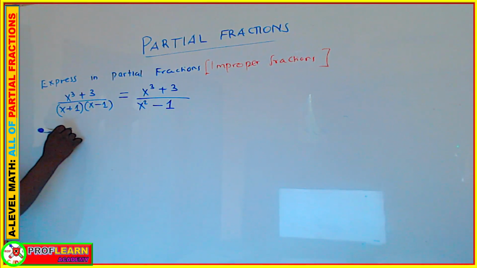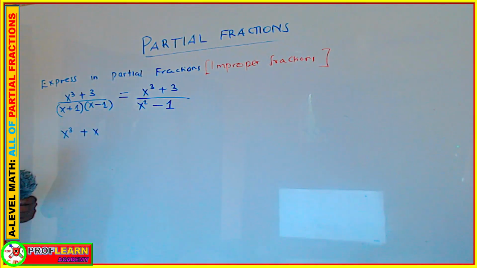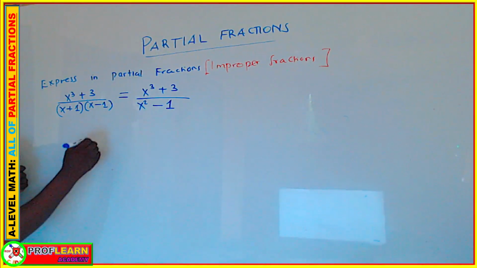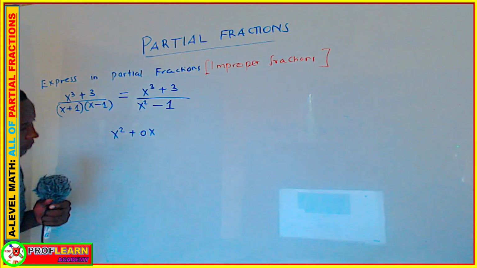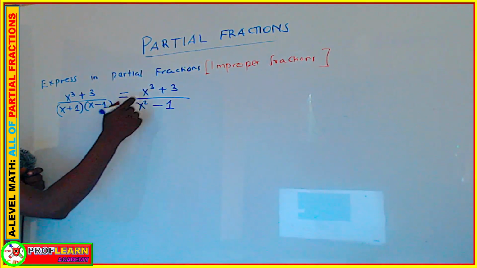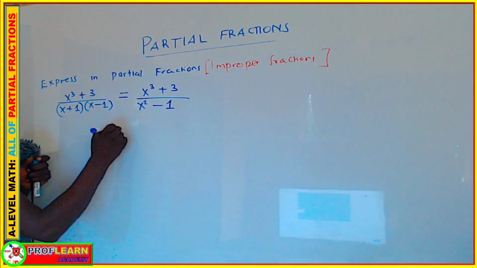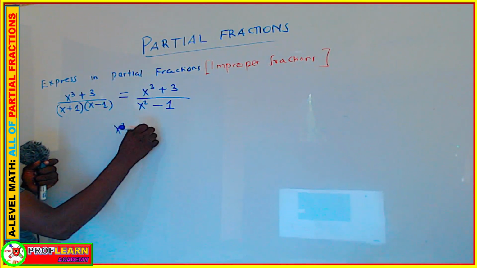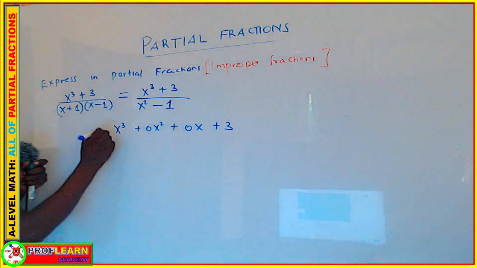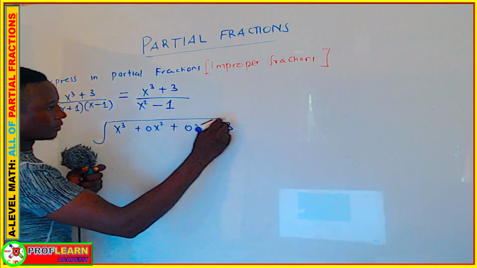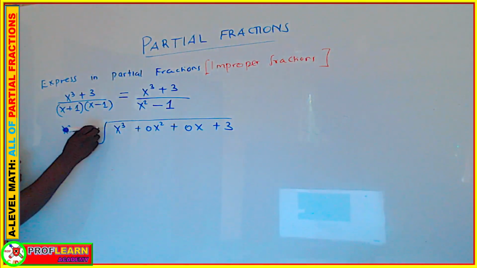This is going to be x cubed plus 0 x squared plus 0x plus 3, divided by x squared plus 0x minus 1. I want to divide these two so that I can reduce it to a proper fraction.